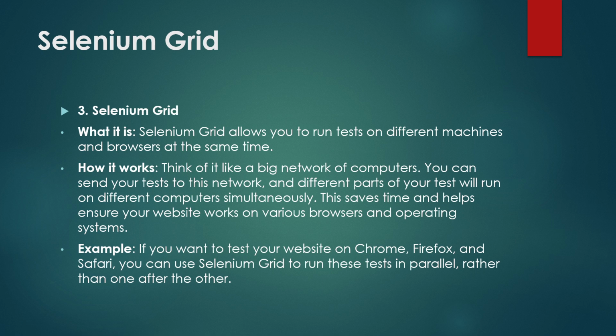Selenium Grid. What is Selenium Grid? It allows you to run tests on different machines and browsers at the same time. How does it work? Think of it like a big network of computers. You can send your test to this network and different parts of your test will run on different computers simultaneously. This saves time and helps ensure your website works on various browsers and operating systems.